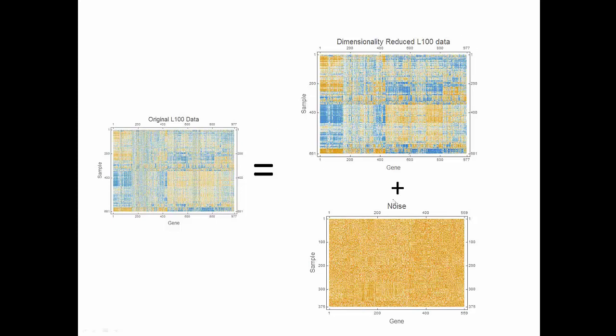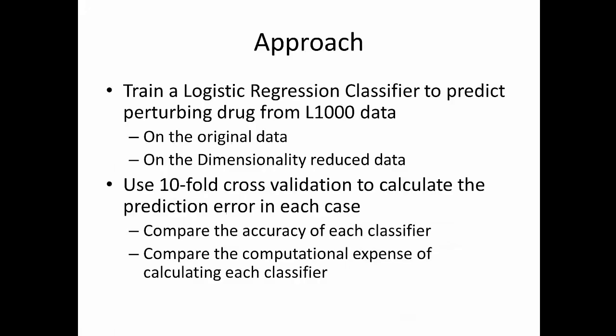And we also have the noise part here. So if you add these two matrices together, you get the original data back again. So now I have two representations. I have the original data and I have a dimensionally reduced version of the data.